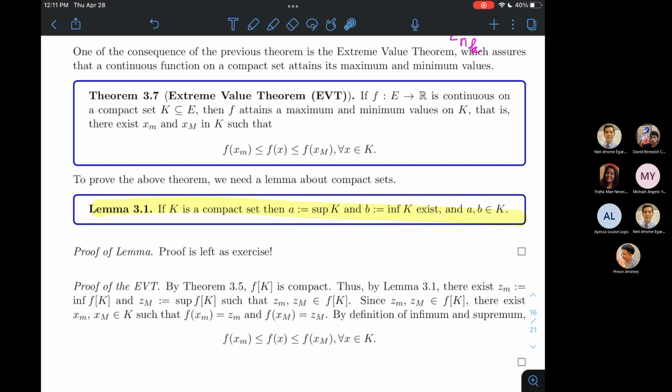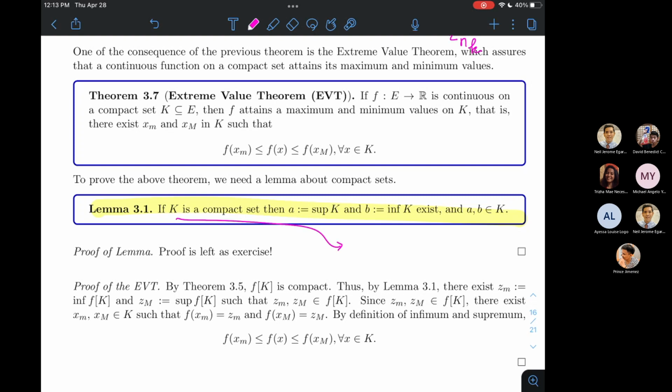Kung siya ay compact, ibig sabihin dapat siya ay closed din. Alright? So kung closed si set K, ibig sabihin, laman niya lahat ng kanyang mga limit points. Alright? So laman niya lahat ng mga limit points niya.